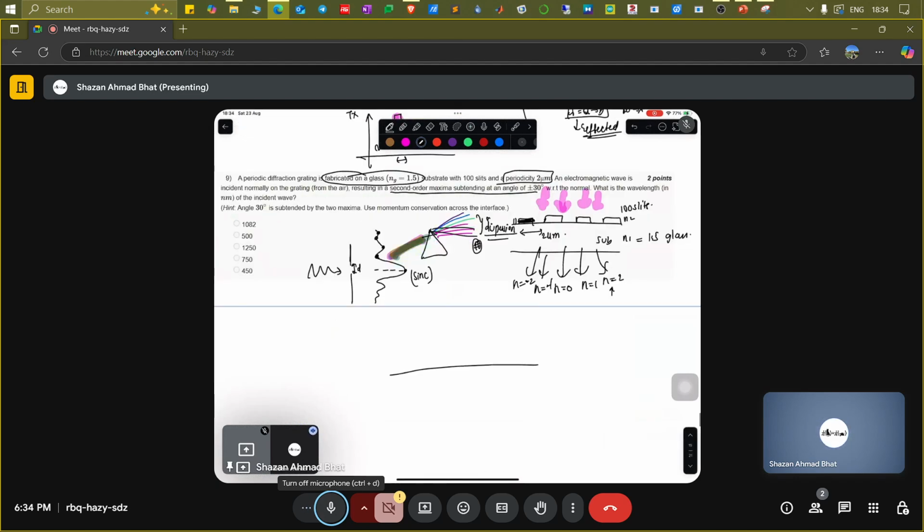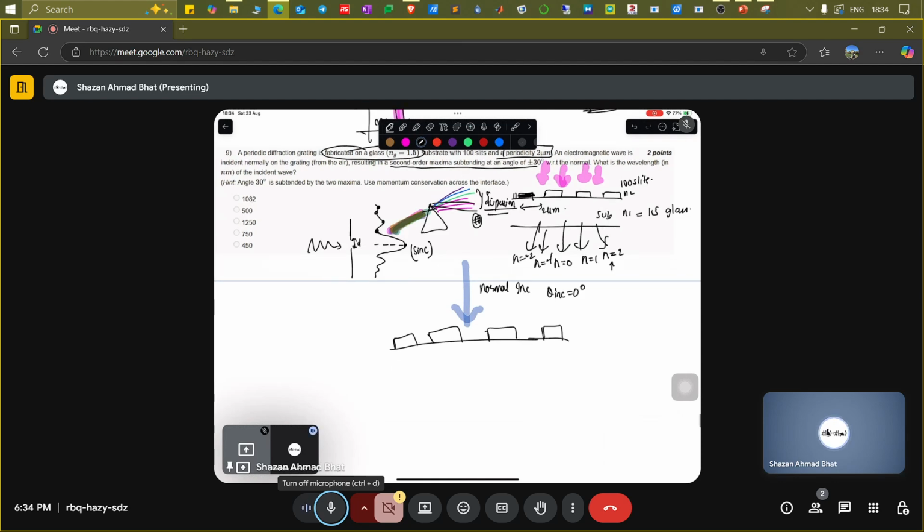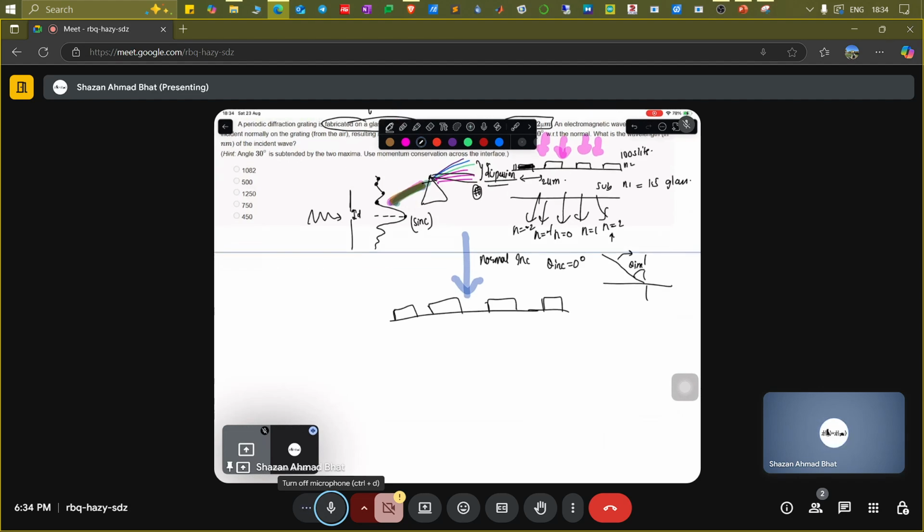Let's say for example, this is the incoming wave at a normal incidence. Normal incidence means theta incident is equivalent to 0, because it's with respect to the normal. So if you go in this direction, that will make theta equivalent to 0. That is normal incidence. Okay.